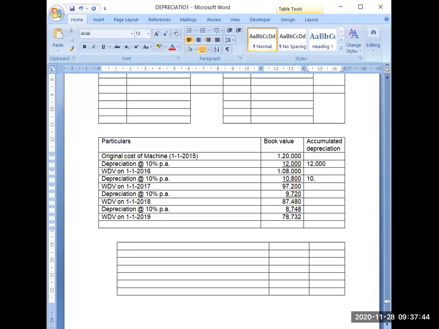So what depreciation have we charged? We have charged 10,800, we have charged 9,720, we have charged 8,748. So till now we have charged these depreciations on this machine. Now we will total it.